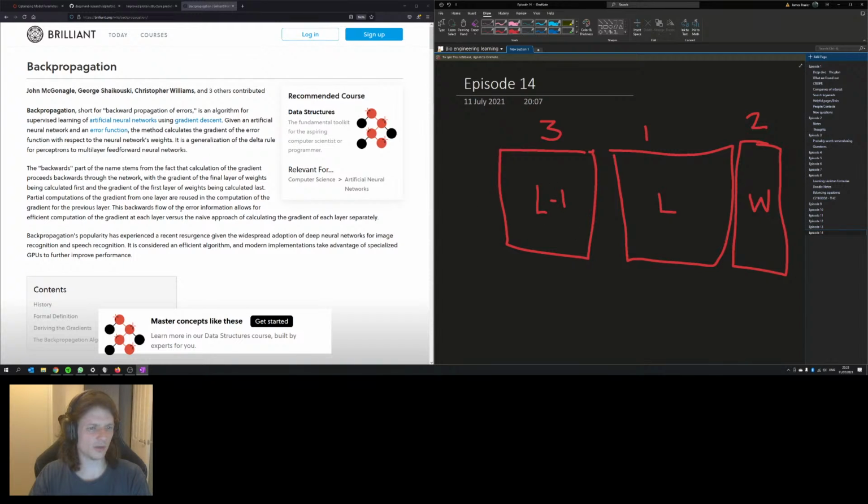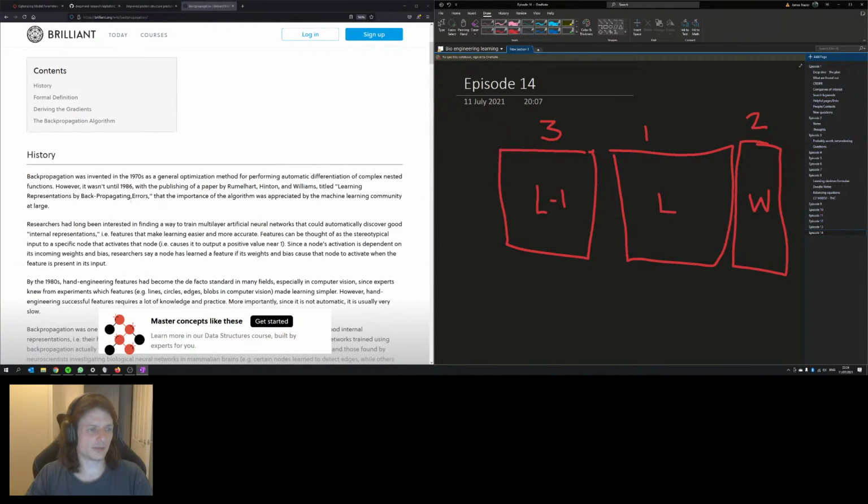This backwards flow of the error information allows for efficient computation of the gradient at each layer versus the naive approach of calculating the gradient of each layer separately. So this is saying that the output is proportional to everything that came before it, rather than proportional to its own layer and computation.